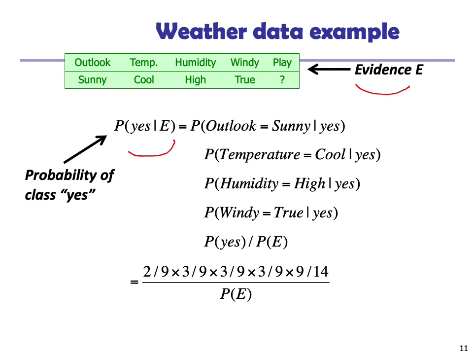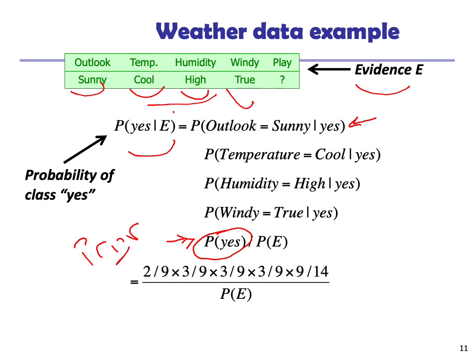So to get the probability of class yes given this evidence, which is the new day, we calculate the probability of outlook equals sunny given class yes, and then times the probability of temperature equal cool given class yes, and then the probability of humidity equal high given class yes, and the probability of windy equal true given class yes, and then we multiplied by the overall likelihood P of yes, which is also called the prior probability.